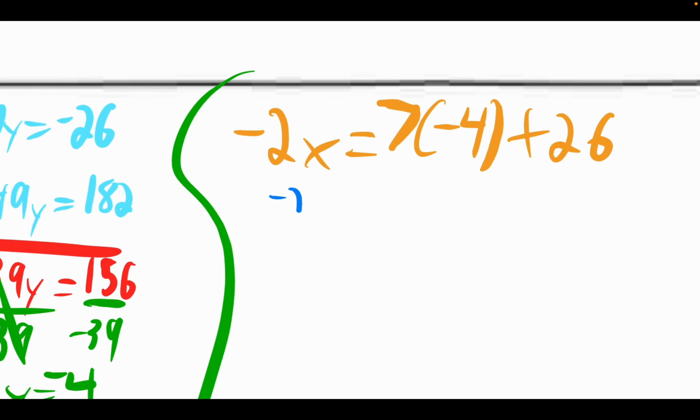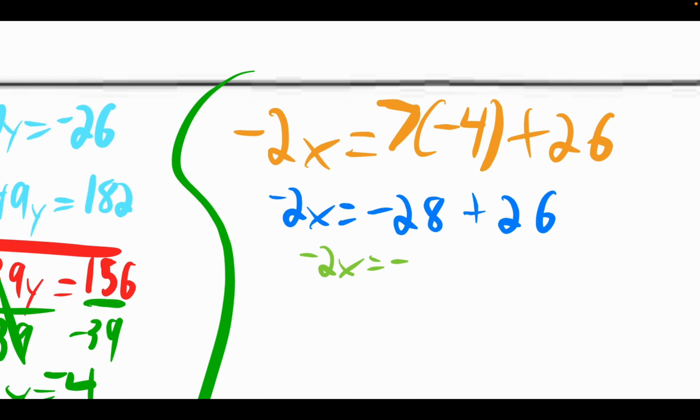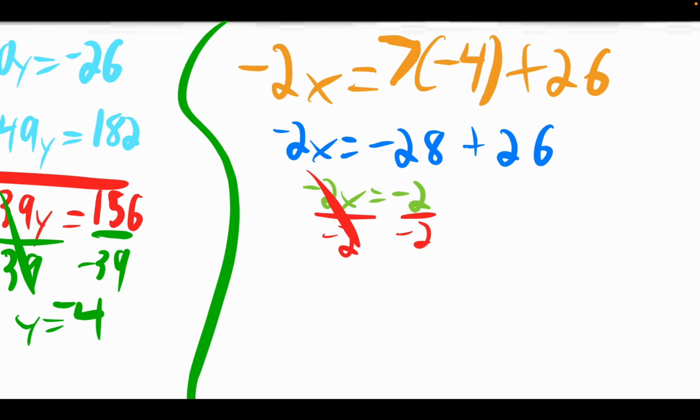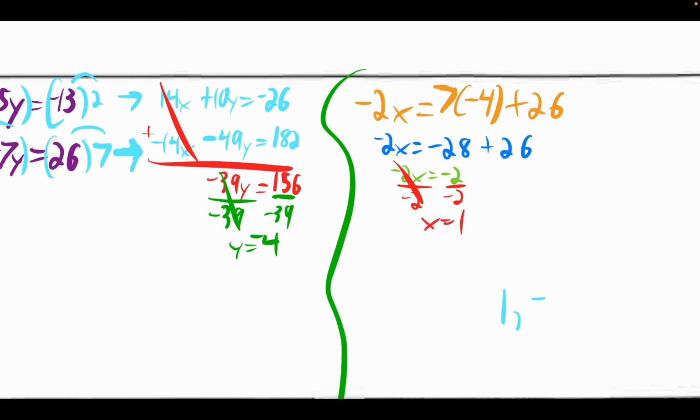And so that's negative 2x equals negative 28 plus 26. And negative 28 plus 26 is negative 2. So I divide both sides by negative 2 to undo the multiplication of negative 2 on the left, and I get x equals 1. So this now results in my ordered pair of 1 comma negative 4.